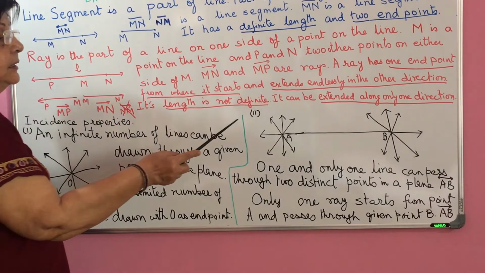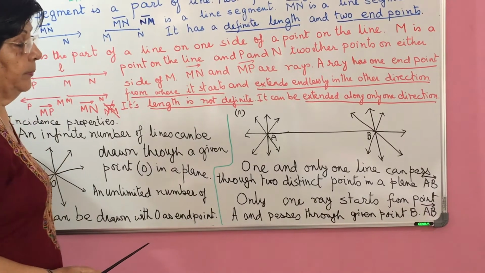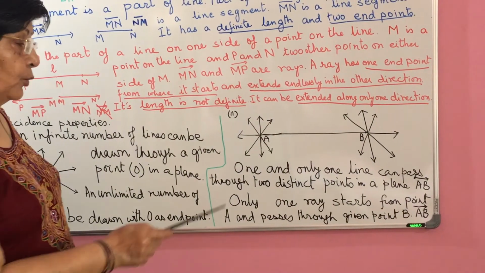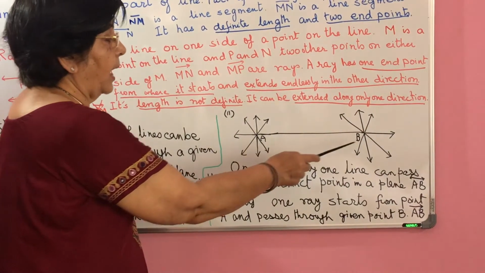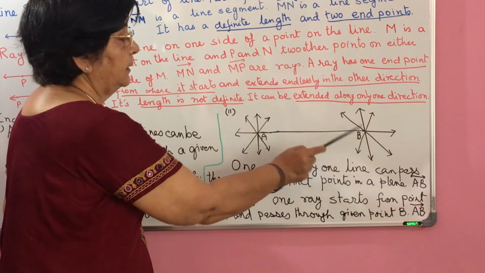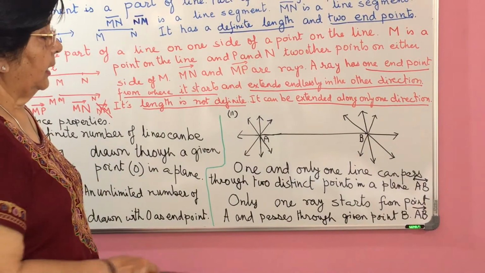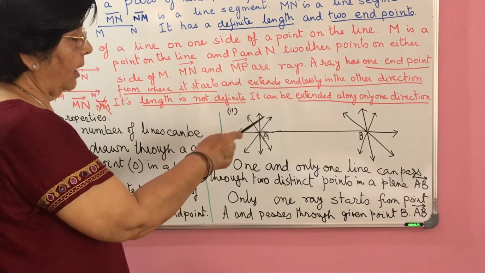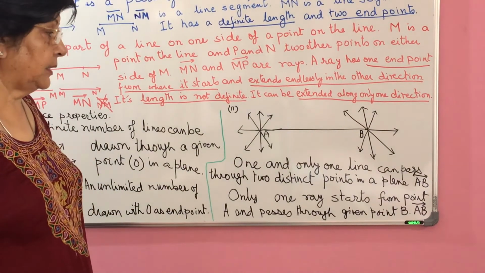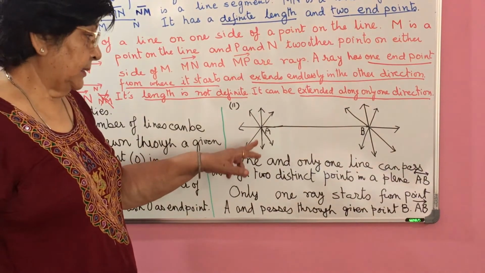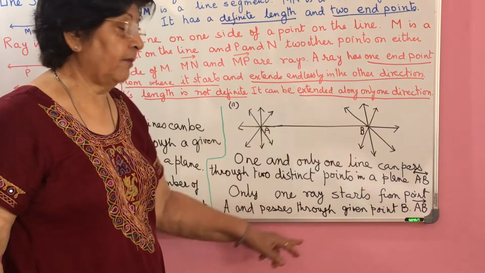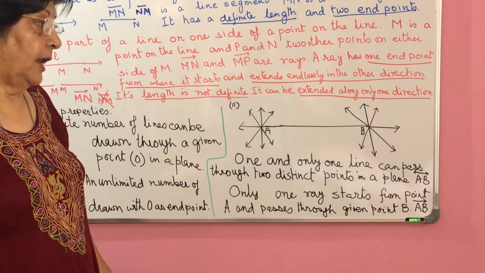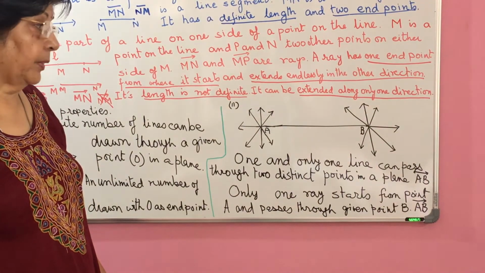Now let's come to the second incidence property. Now I have two distinct points on the blackboard, A and B. Now through A, I have a large number of lines passing through it, and through B also I have a large number of lines passing through it.